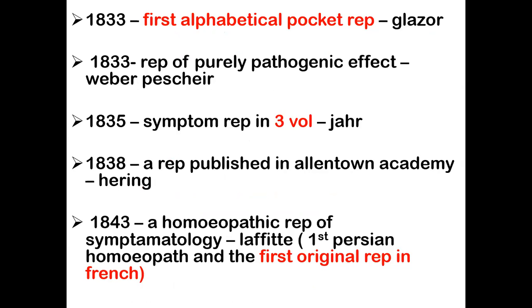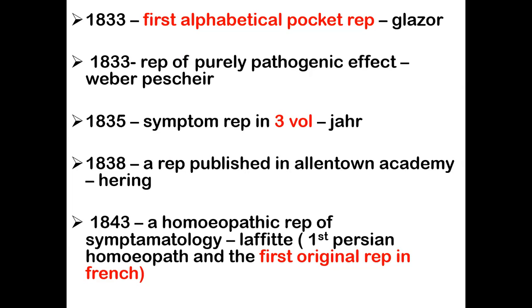In 1833, the first alphabetical pocket repertory. It is again a very frequently asked question: which is the first alphabetical pocket repertory, and by which author is it published in this year? So by Glaser, the first alphabetical pocket repertory came in 1833. Once again in 1833, repertory of purely pathogenetic effect, by Weber Pasteur.